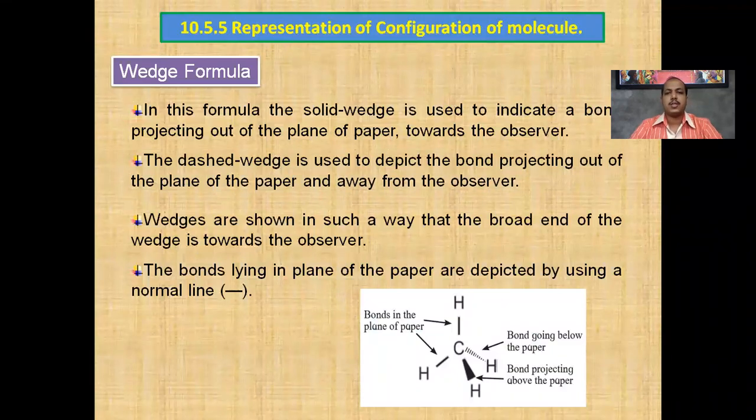Representation of configuration of molecule. First is the wedge formula. In this formula, a solid wedge is used to indicate a bond projecting out of the plane of paper towards the observer. As we know that molecules are in three dimensions, what tricks are used so that we can represent this formula on the plane of the paper?